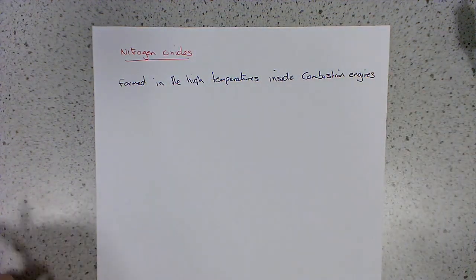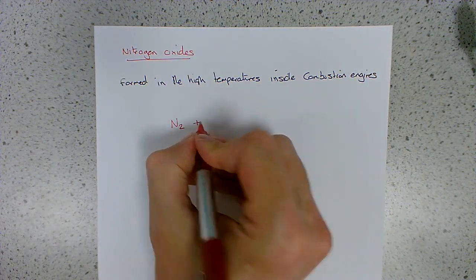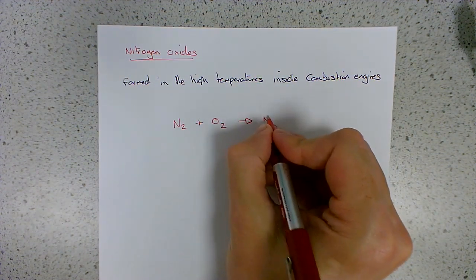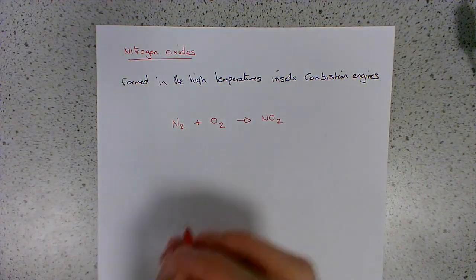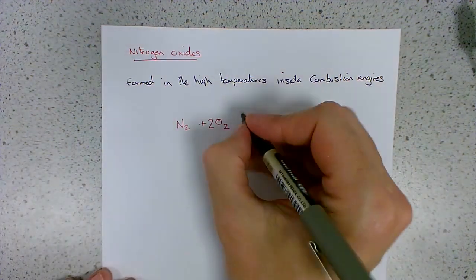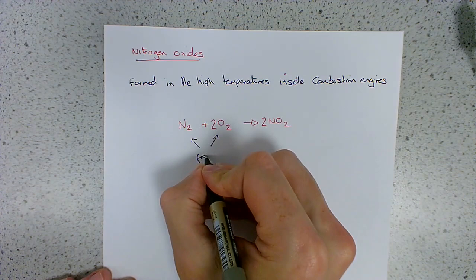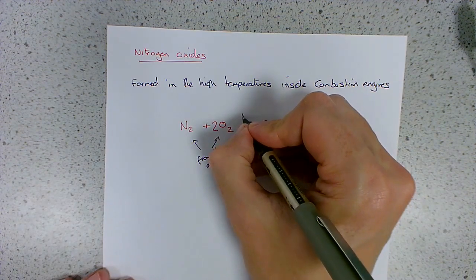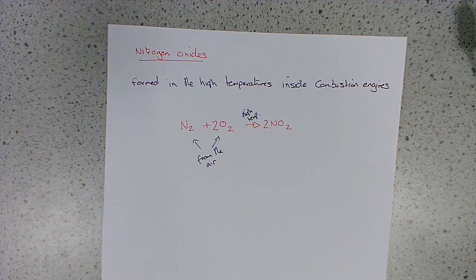And at those high temperatures, the nitrogen from the air reacts with the oxygen in the air to produce nitrogen dioxide. And we need to balance that, two of those. Okay, so both of these are from the air, from the atmosphere, and it only occurs in the high temperatures caused in combustion engines.